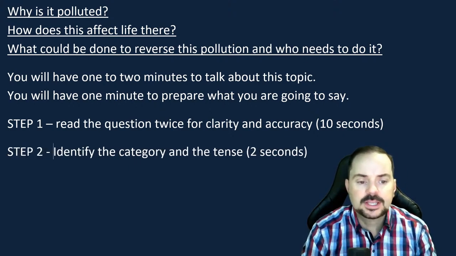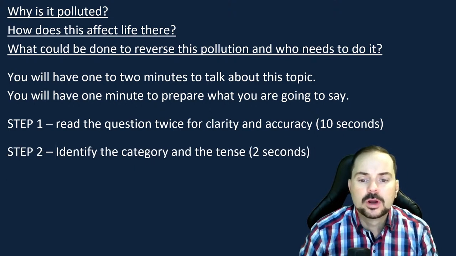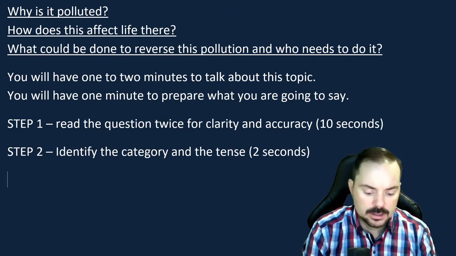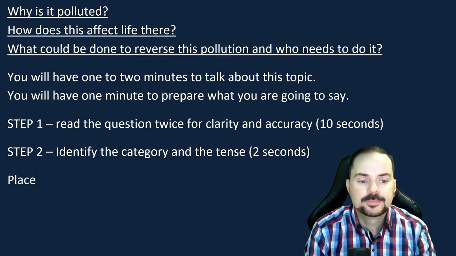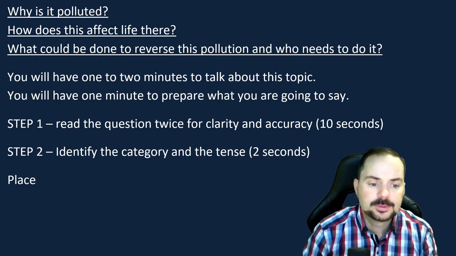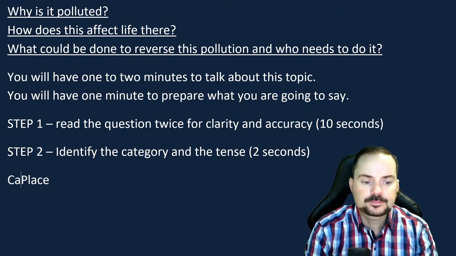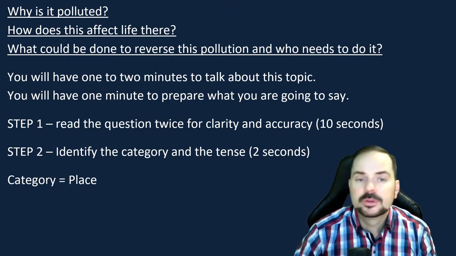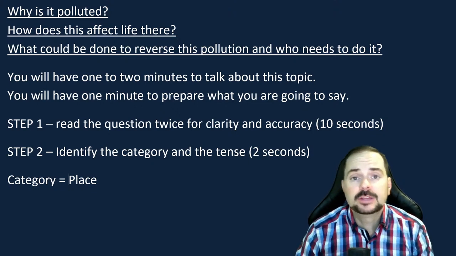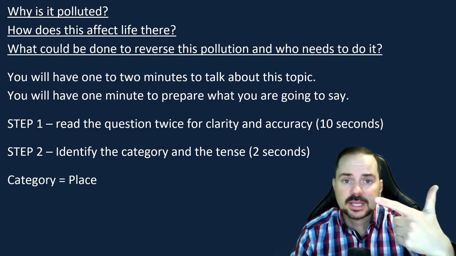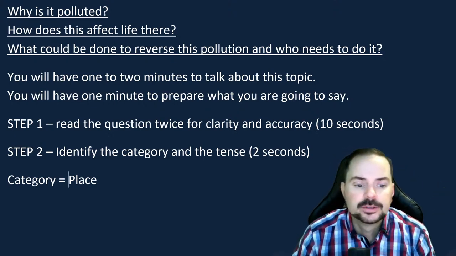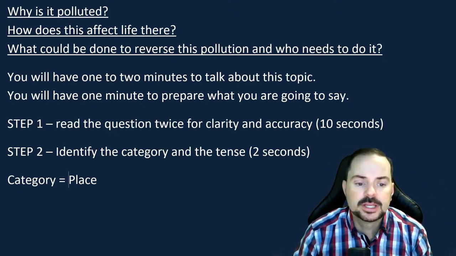So obviously here we are looking at a location or a place. Okay, that's the category. And again, remember there are 5 categories, right? Person, place, object, event, idea. So here we're talking about a place.